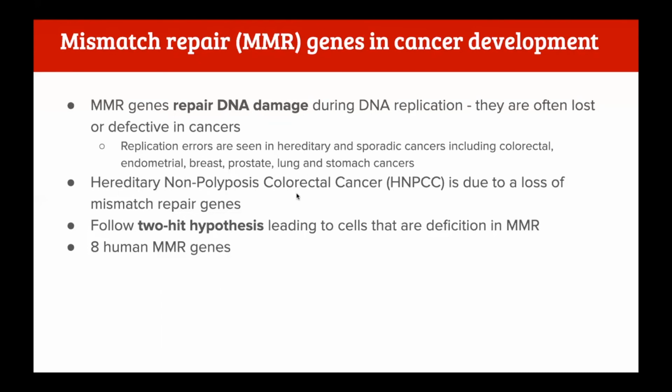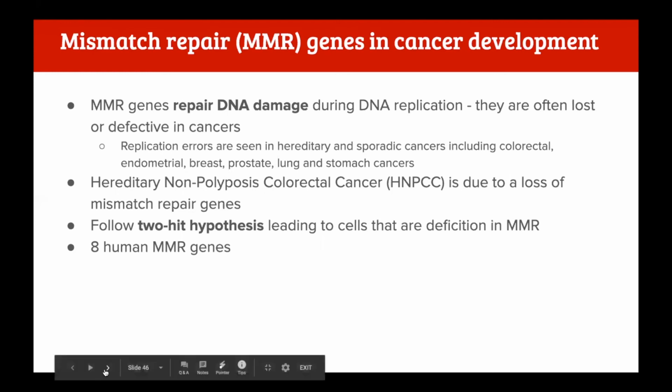Hereditary non-polyposis colorectal cancer is due to a loss of mismatch repair genes. They also follow a two-hit hypothesis. That should say deficient, so I'll fix that up. So two-hit hypothesis leading to cells that are deficient in the mismatch repair genes, and in total, humans have 8 MMR genes.